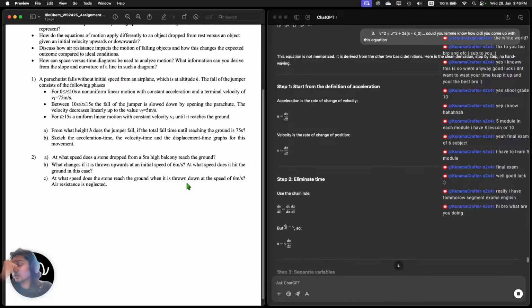At the speed, okay. So I think that's just the normal 6 plus 10.